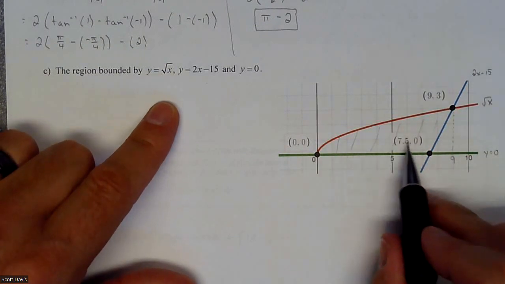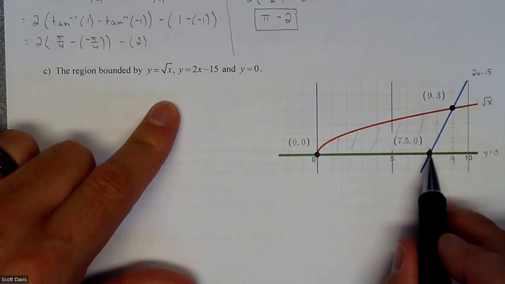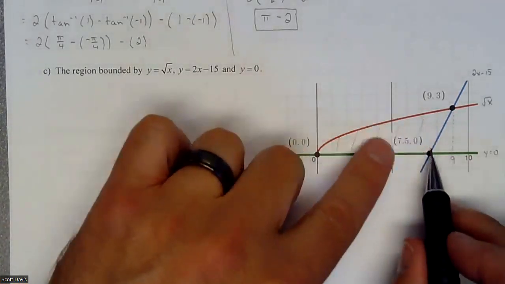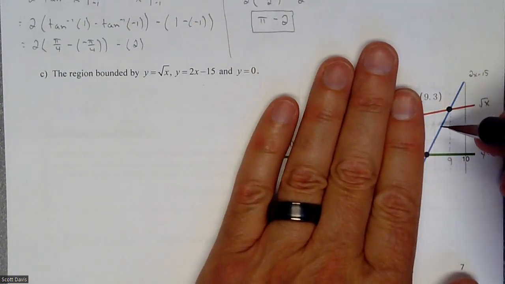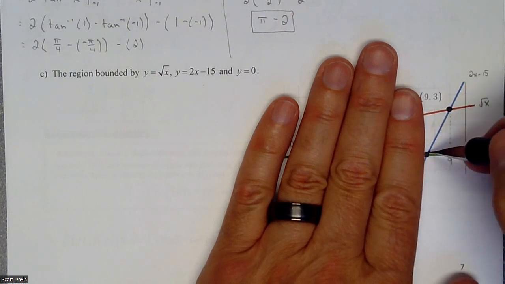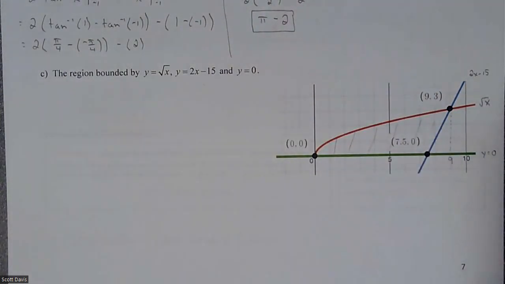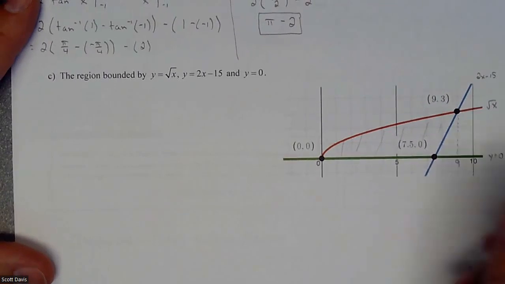Or we can find the area from here to 7.5, and that would be the area of this section. And then we'd have to pause and go, all right, now we want to find the area of this section, which would be the area of this one minus this one from 7.5 to 9. So a couple different ways to do this. I'm going to choose to do the area of the whole thing and then subtract out the triangle.